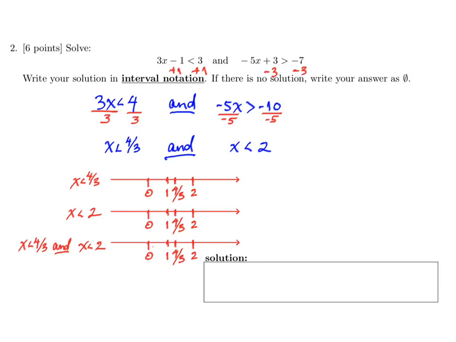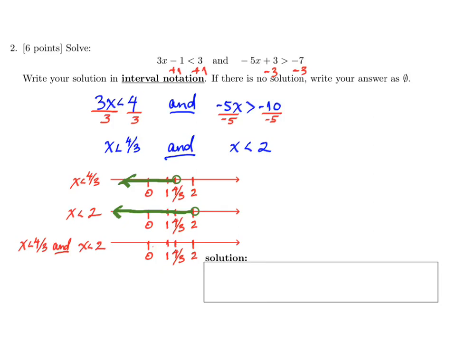So the first one, x less than 4/3, means that we're not including 4/3 because x has to be strictly less than. So we're going to put an open circle at 4/3, and then our arrow is going to go to the left. In the second one, the same thing. We put an open circle at 2, and then the arrow going to the left. So now, in the third number line, we want to look at these two previous number lines and say, okay, which numbers are in both sets?